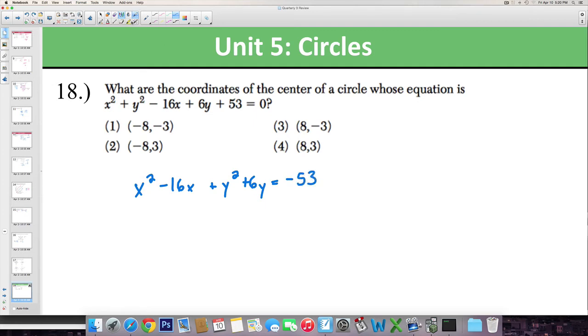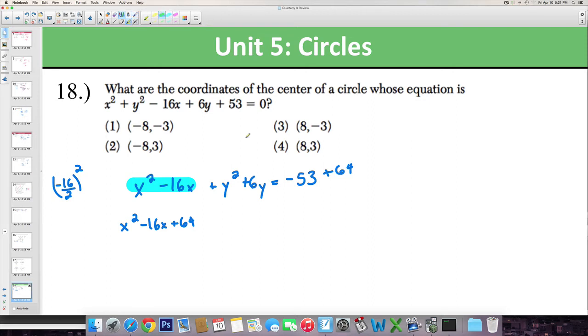So I'm going to start just looking at this here and going to complete the square for this one. So if we were to complete the square, we take half of the b value, or half of 16, and square it. So negative 8 squared is 64. So going to add 64 to both sides. I need to add 64 here.